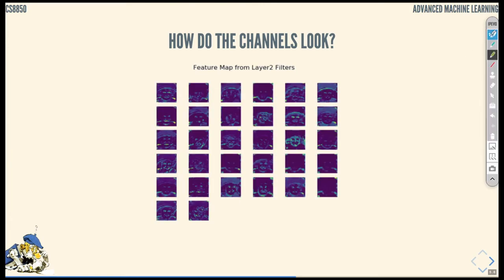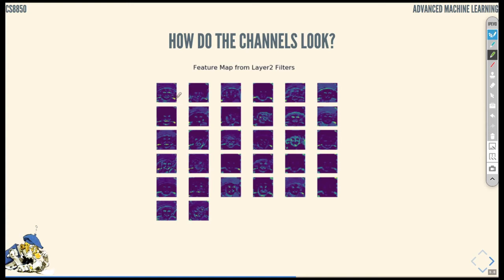Yeah, 5 times 5 plus 2, yes, 27 neurons or filters, kernels. We get those channels, and this did use max pooling. Notice our filters get smaller and smaller, and I will talk about max pooling just in a little bit.